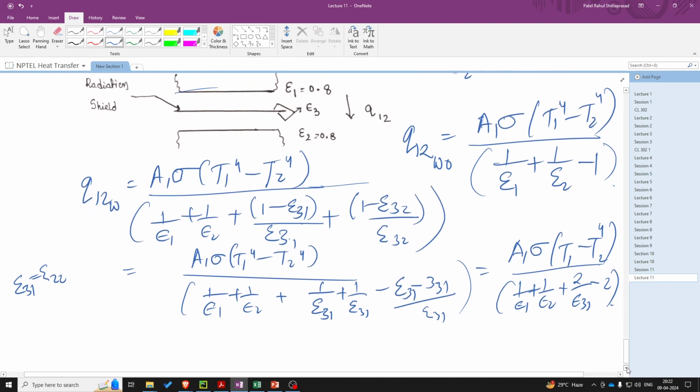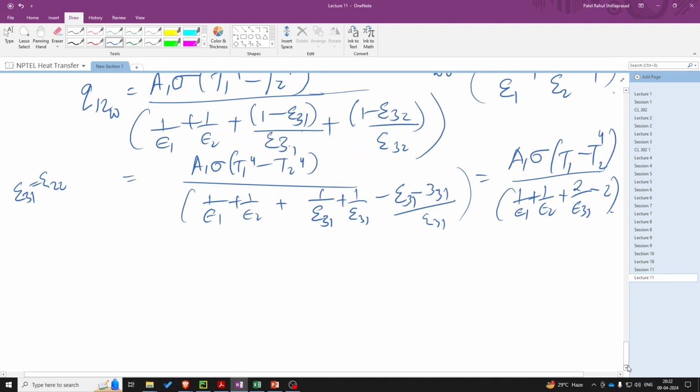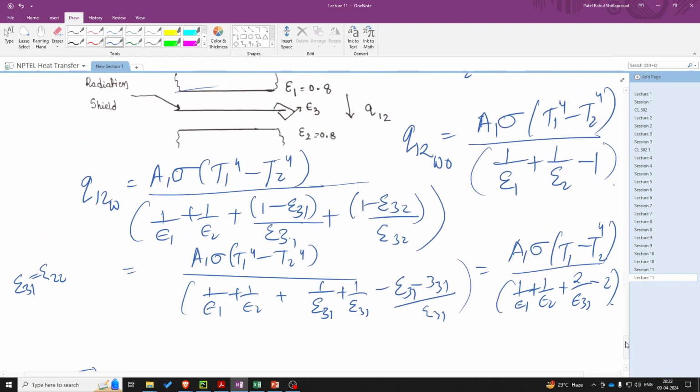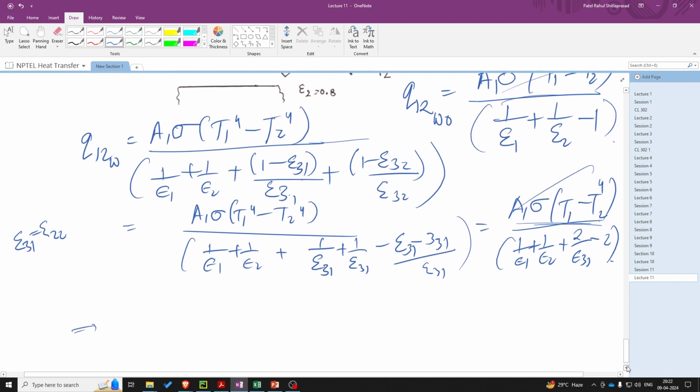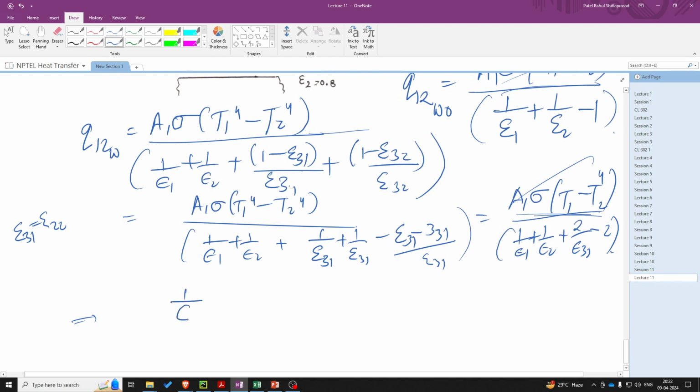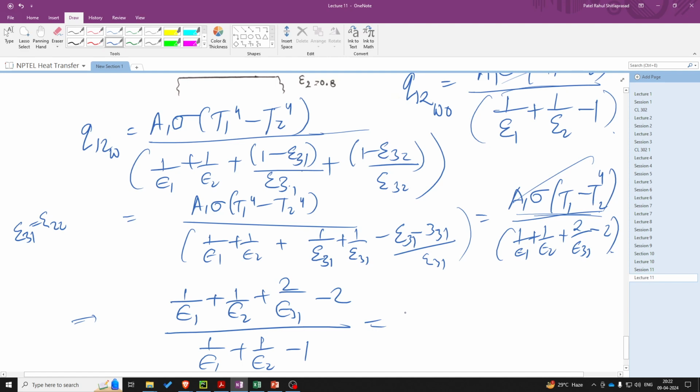been given that their ratio is equal to 10. If we take the ratio of both of these terms, the numerator will get cancelled out and we'll be left with the fraction: 1 upon epsilon 1 plus 1 upon epsilon 2 plus 2 upon epsilon 3 minus 2, upon 1 upon epsilon 1 plus 1 upon epsilon 2 minus 1, is equal to 10.